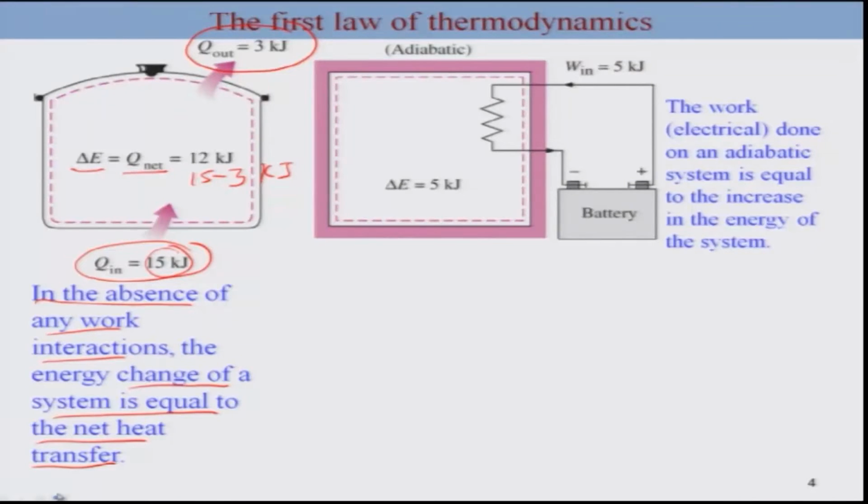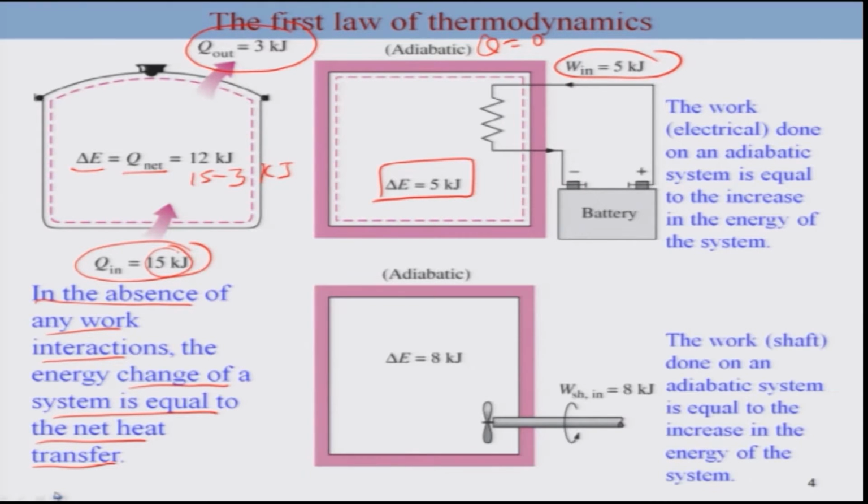This is an example where electrical work through a battery is done on the system. Here the system is adiabatic, which means Q is equal to 0, and the work in is 5 kilojoules. If you do the energy balance, you find that the energy change of the system is equal to W in, that is 5 kilojoule. We can take another case, where the work is done through a shaft.